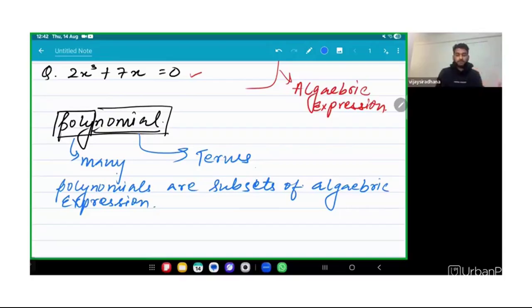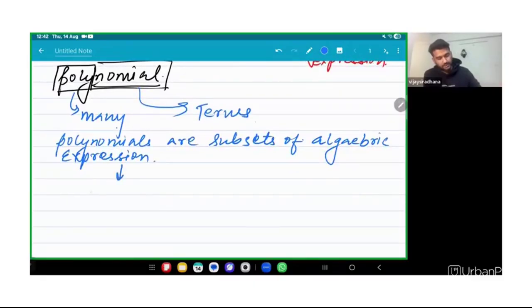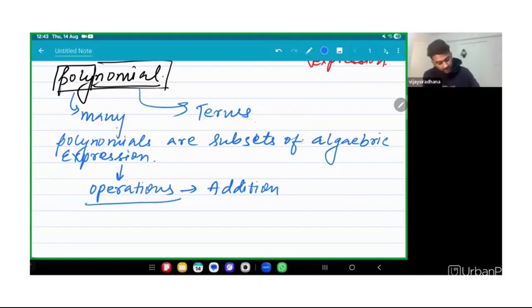Now, in the polynomials, we can have multiple operations. Either it can have addition, or it can have subtraction, or it can have multiplication.